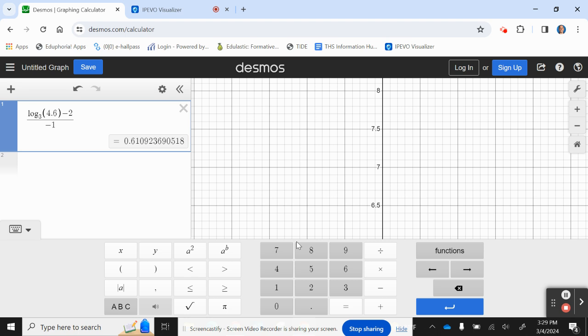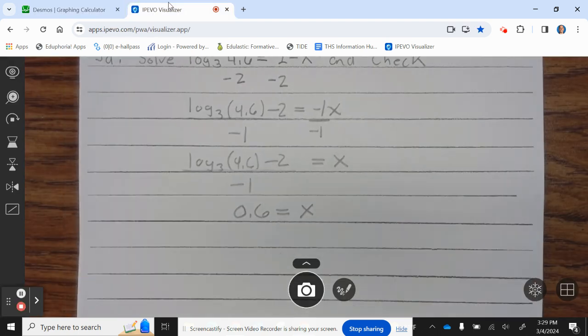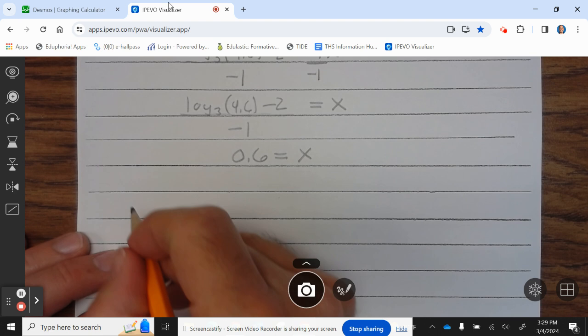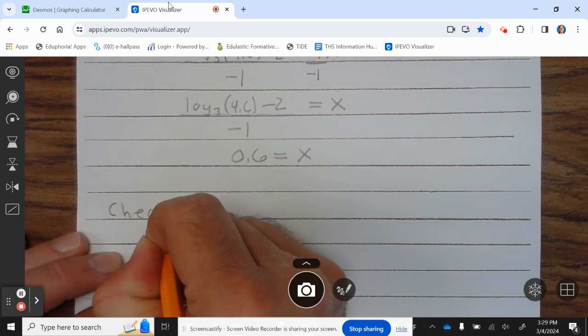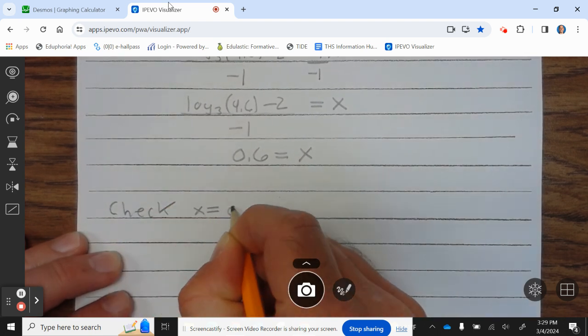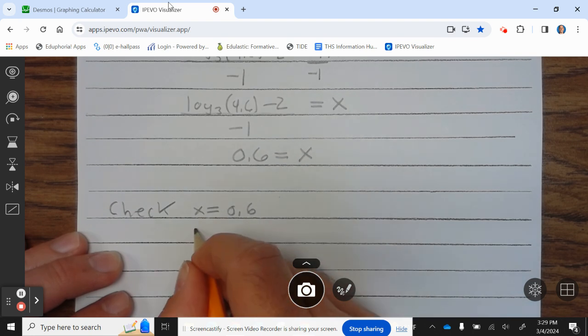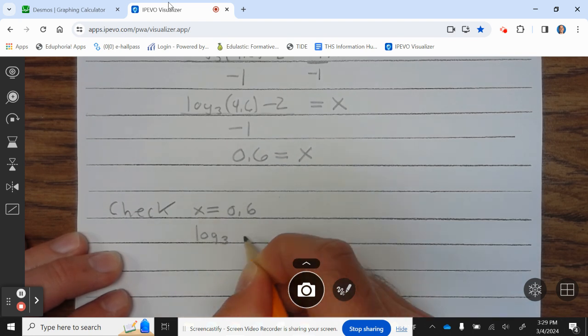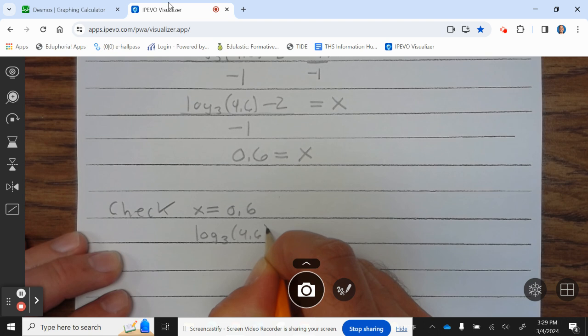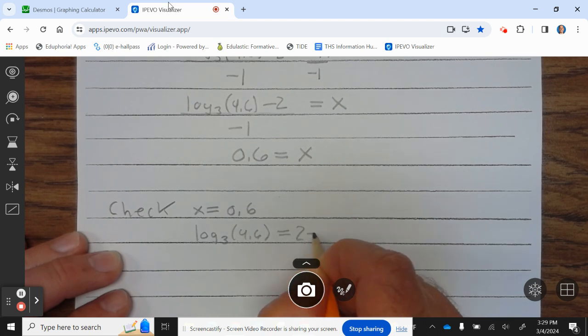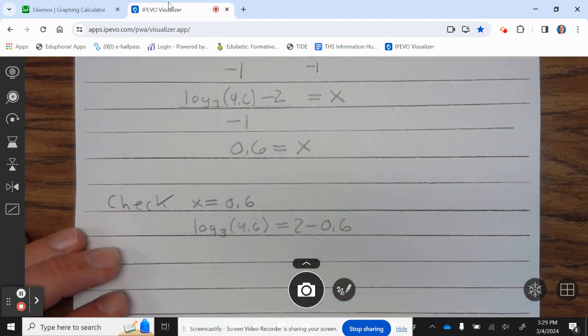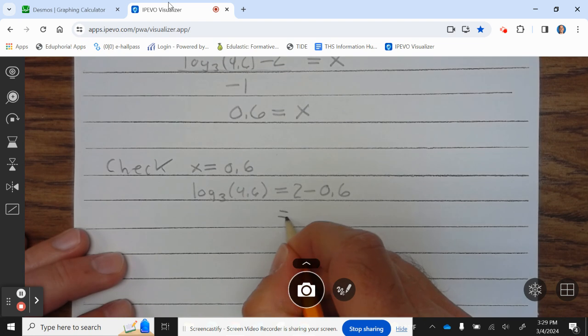Let's round that to one decimal place, so 0.6. Okay, now let's check. Well, we know that 2 minus 0.6 is 1.4.